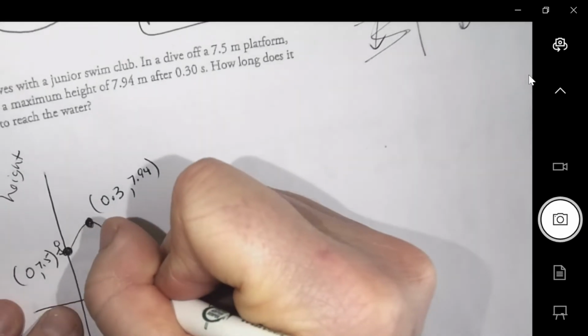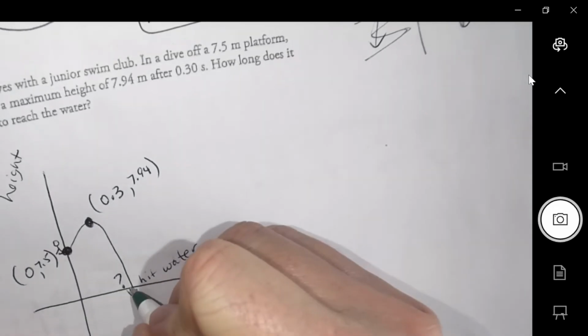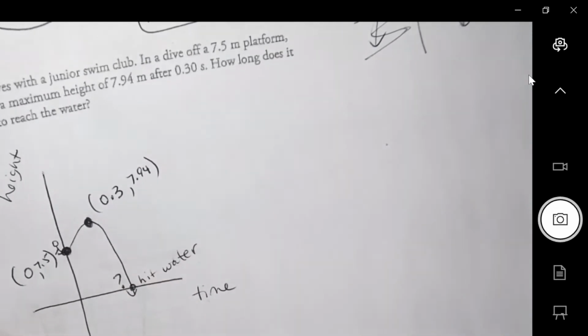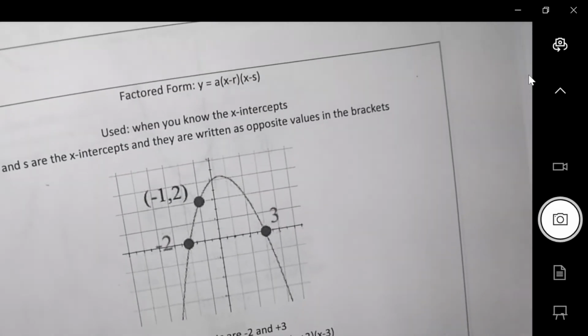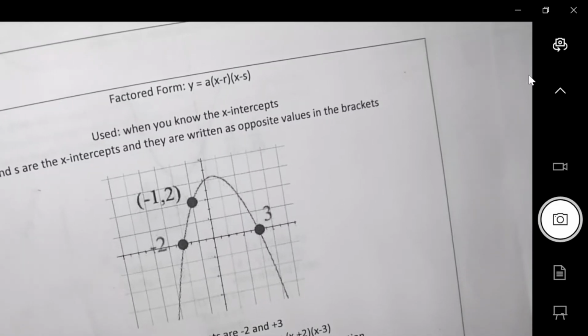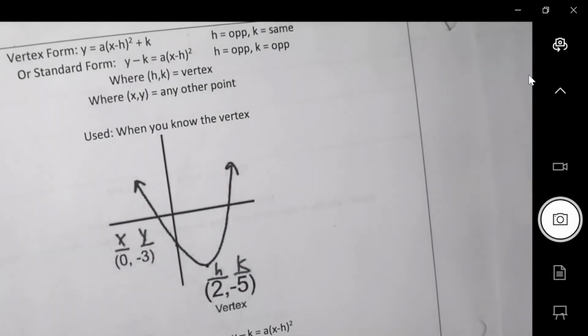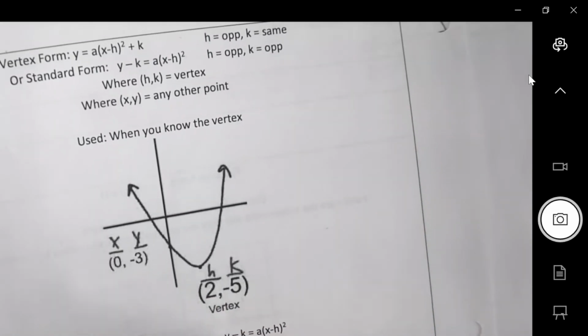How long does it take him to reach the water? That would be what we're trying to figure out. Okay, so we do not have an equation. That's why I have this sheet that says, should I do the equation that has the factors in it or the equation that has the vertex given? The vertex.